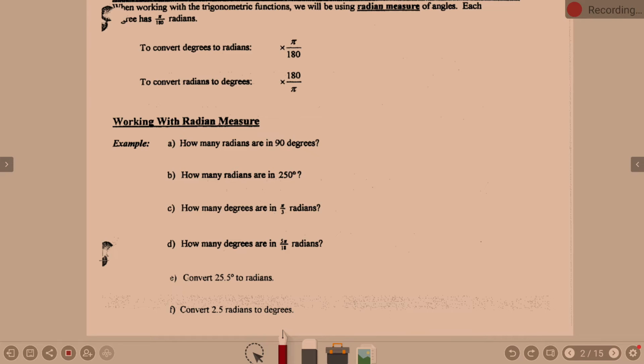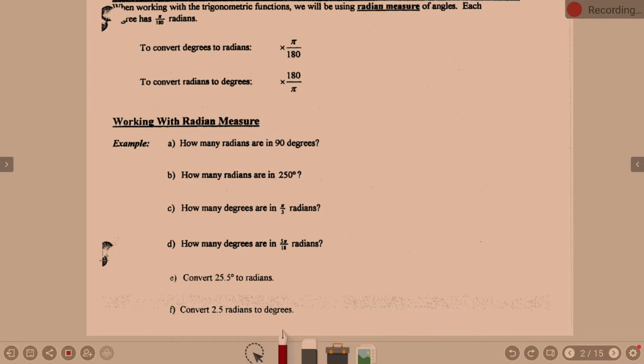When working with trig functions, we'll be using radian measures of angles. Each degree has pi over 180 radians. When we look at the unit circle, the circle hanging on the wall back there, what do you guys know a circle as? 360 degrees.